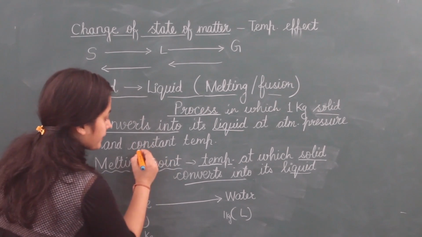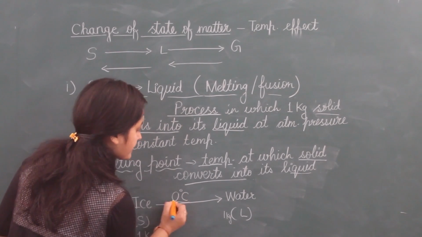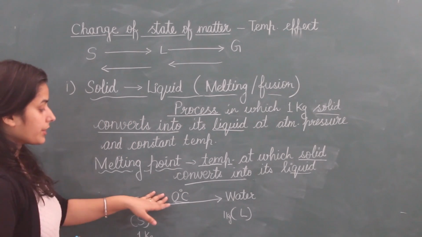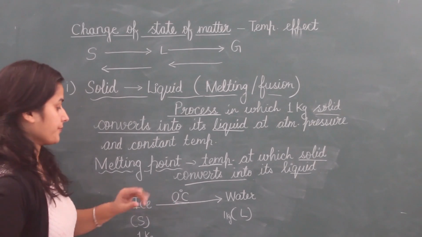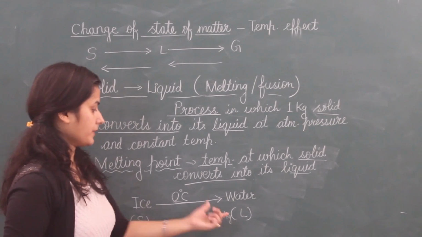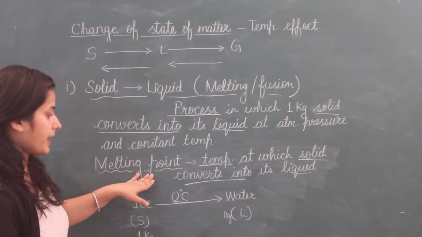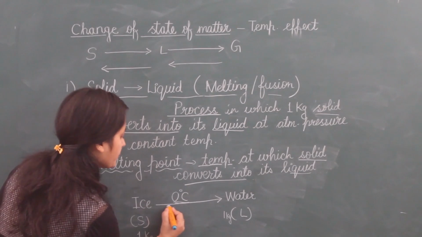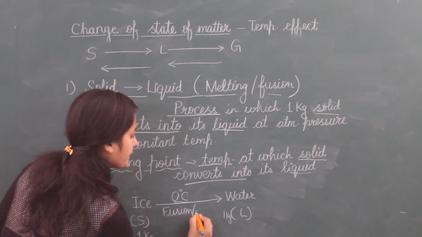And constant temperature means 0 degrees Celsius. 0 degrees Celsius is the temperature at which ice will convert into water completely. So 0 degrees Celsius is the melting point of ice, and this process is known as fusion or melting.